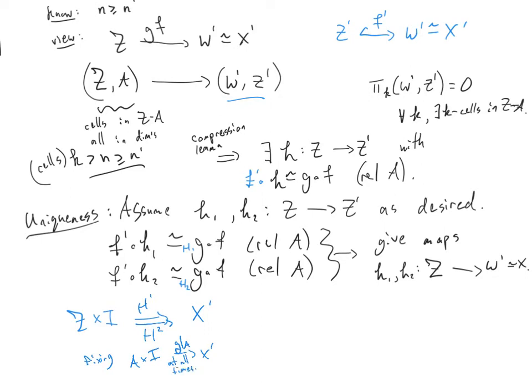Okay, so these maps also should give us maps into W prime. I have the same argument as above. This gives a map from, well, I've got two of these.